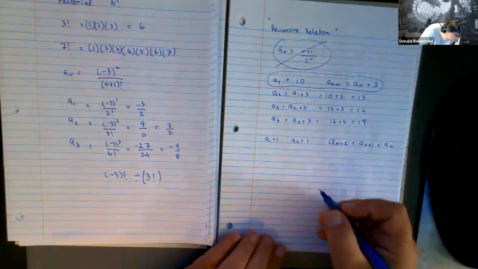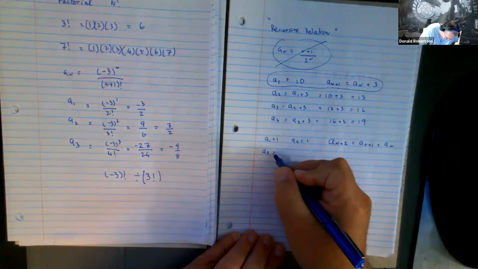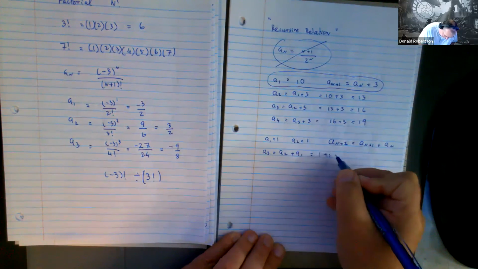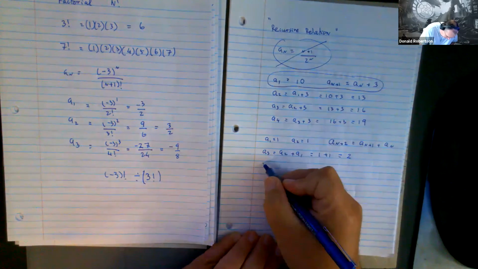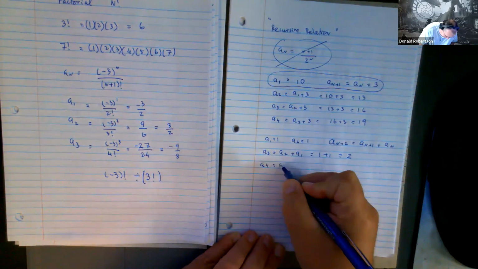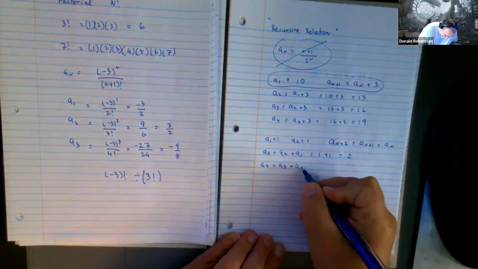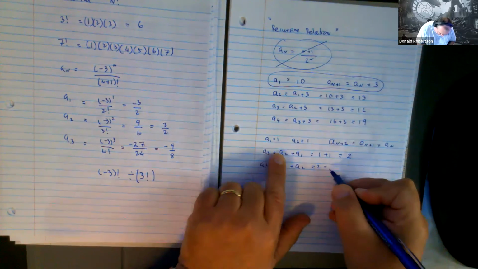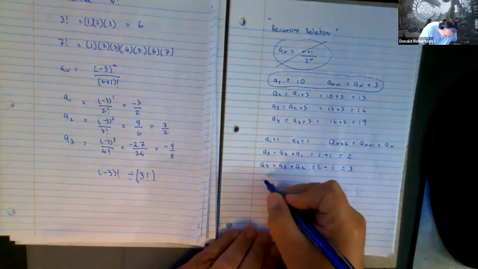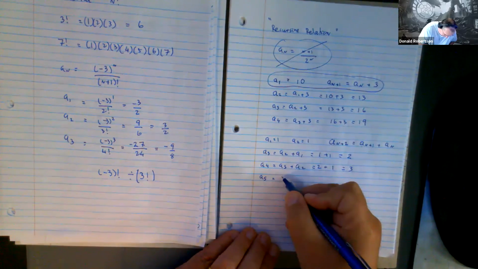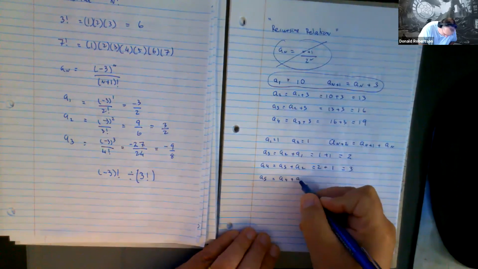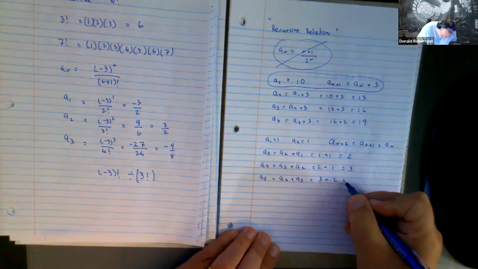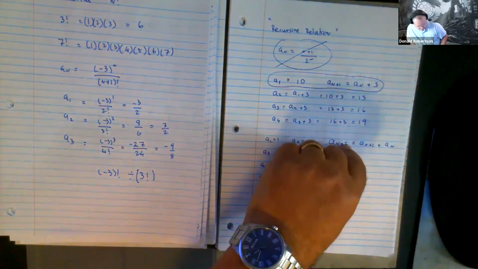So if I wanted to find A3, for instance, it would be A2 plus A1, which is 1 plus 1, which is 2. If I wanted to find A4, it would be A3 plus A2. Well, A3 is 2, A2 is 1, it would be 3. And one more, if I wanted to find A5, it would be A4 plus A3, that's 3 plus 2. Do you see, you just add the previous two together.